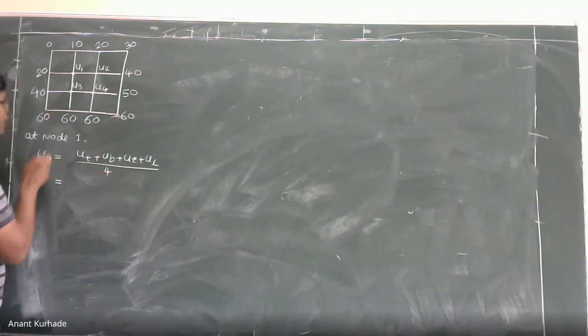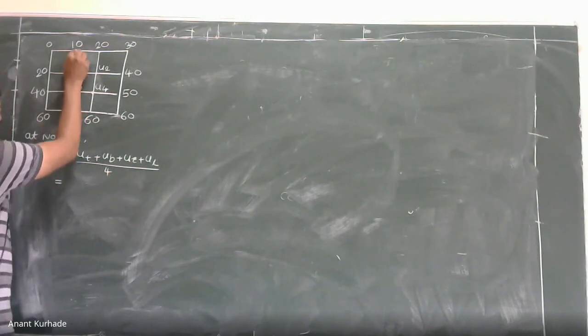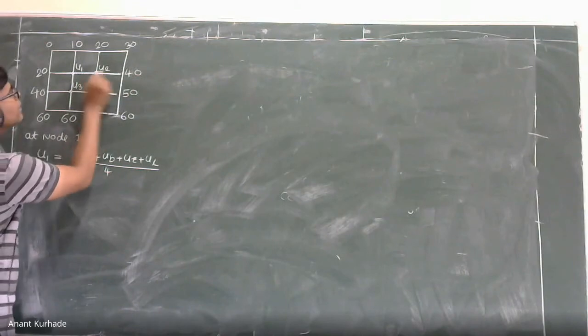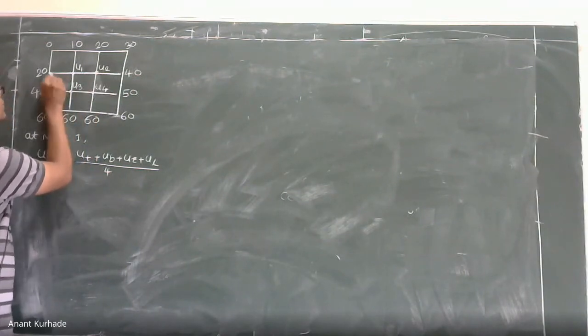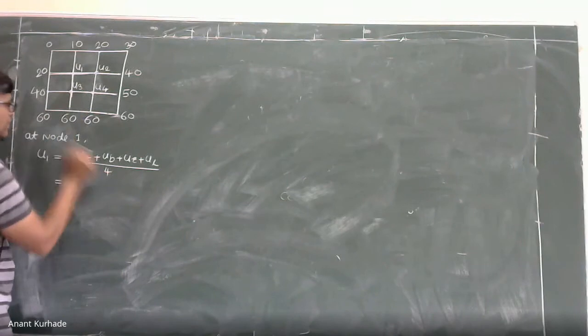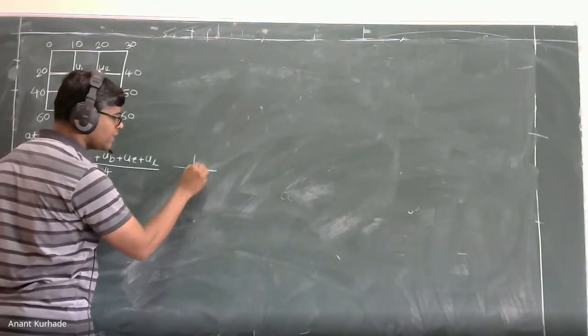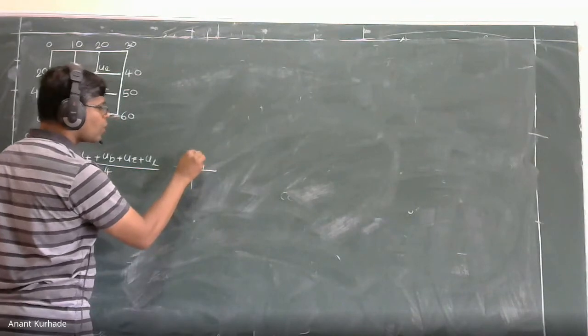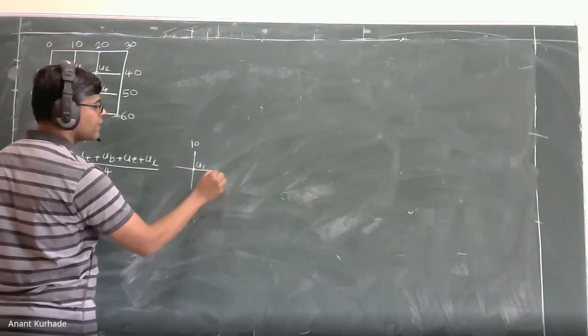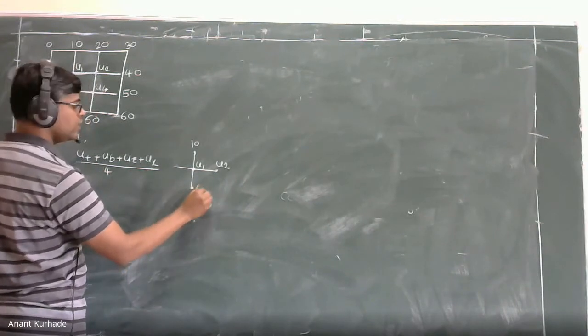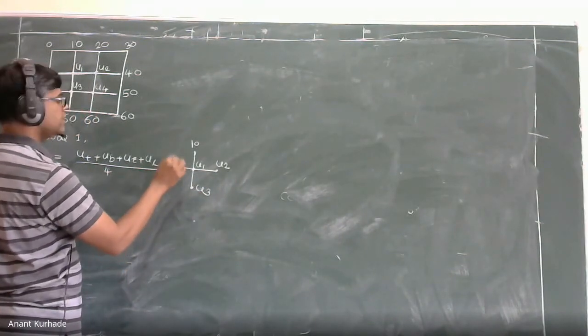Now put the values. This is U1. If you get confused, you can mark it on the figure. The top value is 10, the right side value is U2, the bottom value is U3, and the left is 20.